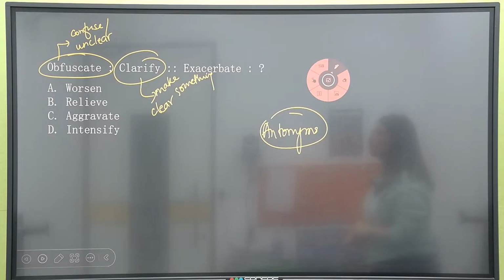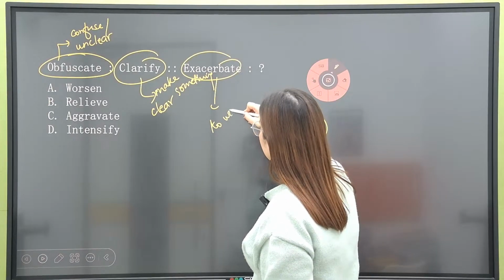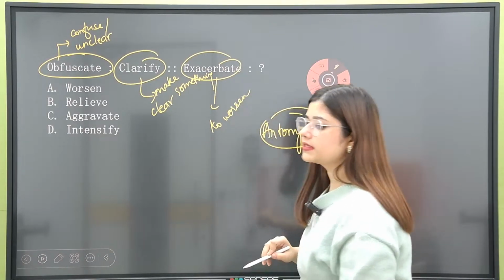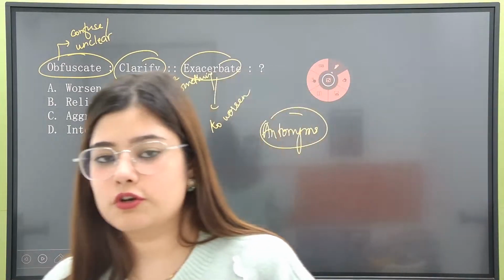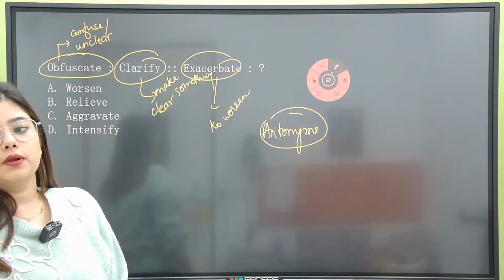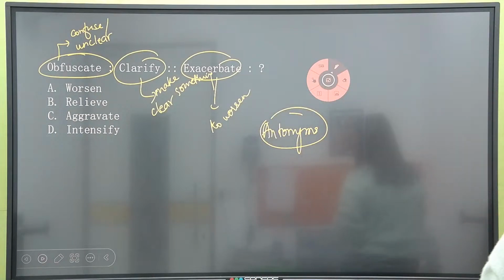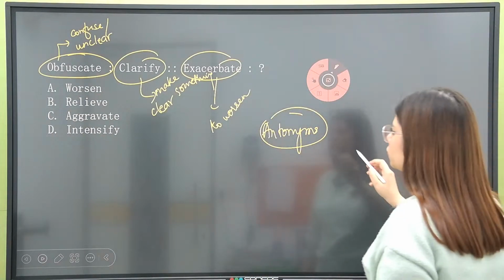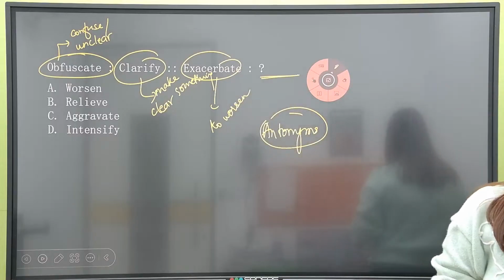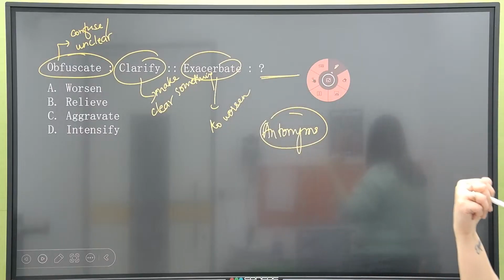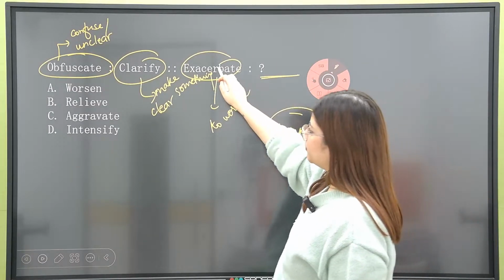Now exacerbate means to worsen something, to make a situation more difficult or more problematic than it already is. So now I need to choose a word that is opposite in meaning to this word, because the relationship is antonyms.